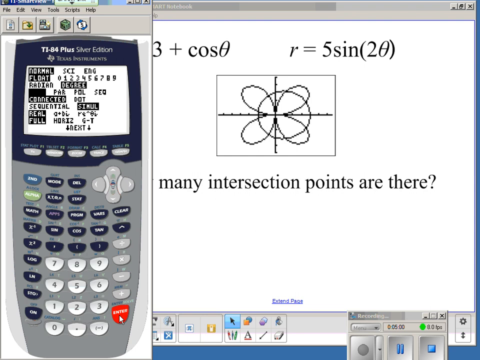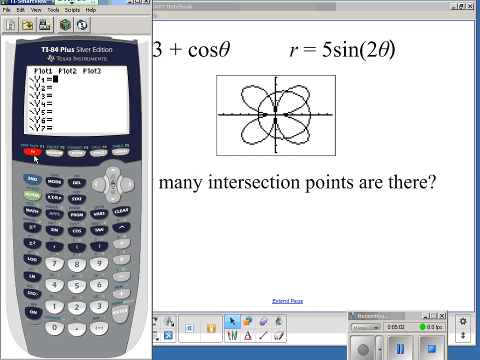So we're going to go back to function mode, and I'm going to put in my two equations again. So I have 3 plus cosine theta, and I have 5 sine 2 theta. And I'm going to need a different window now because x is now my theta, and I want angles from 0 to 360.